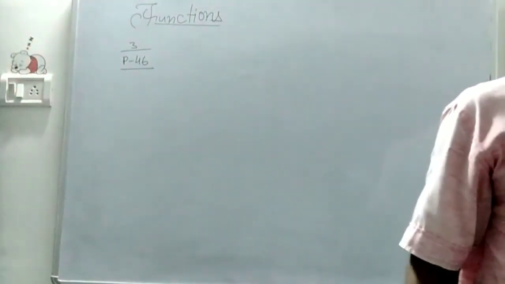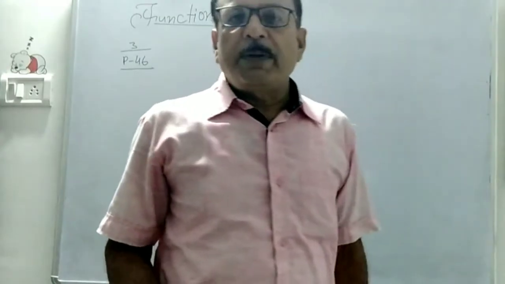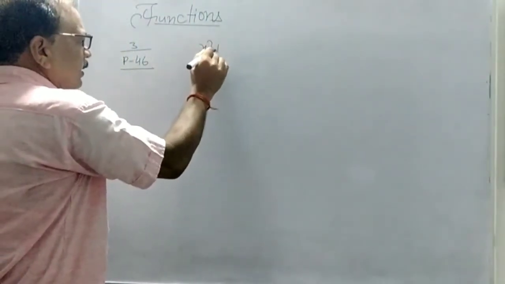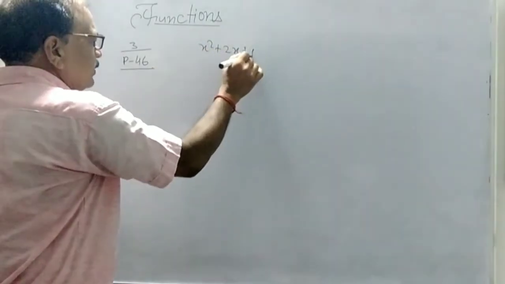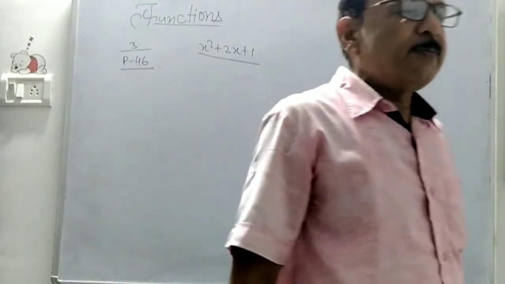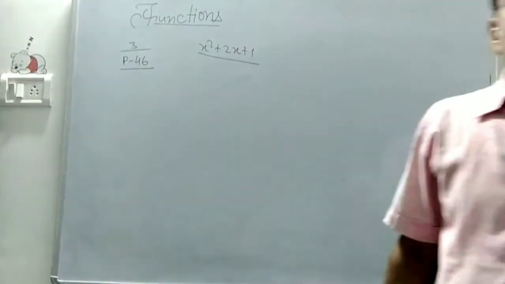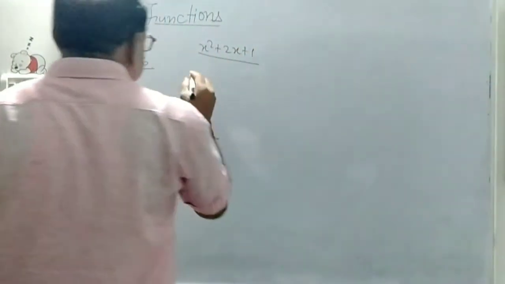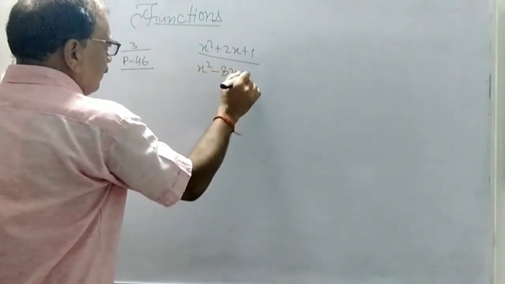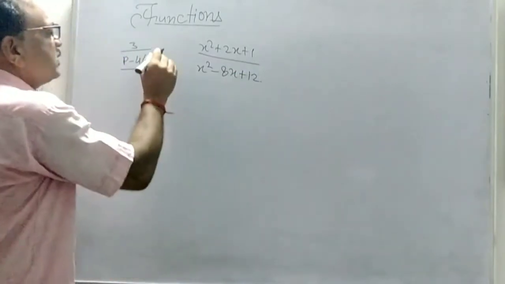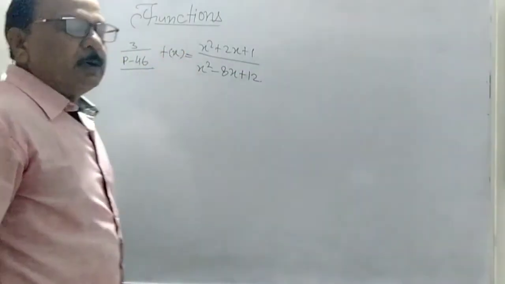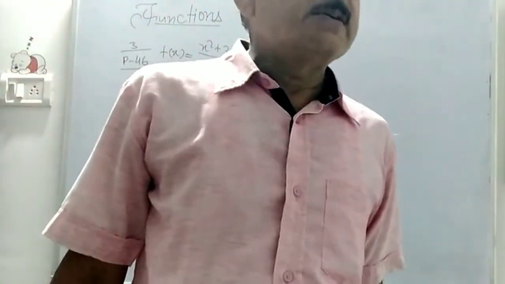Find the domain of the function (x square plus 2x plus 1) upon (x square minus 8x plus 12). This is the f(x). Find the domain of the function.